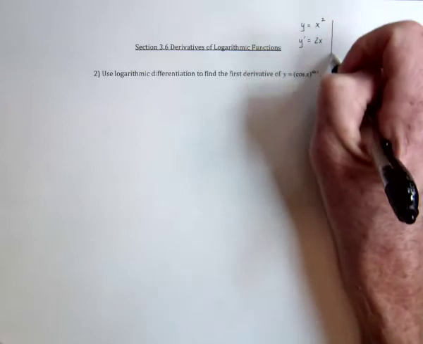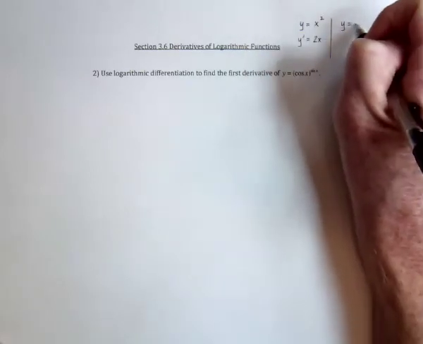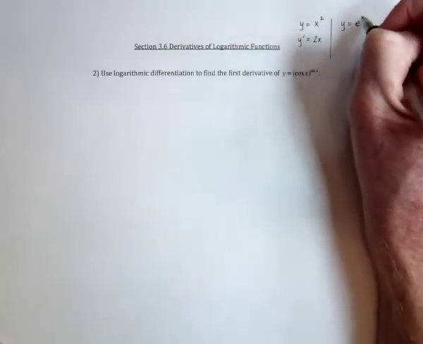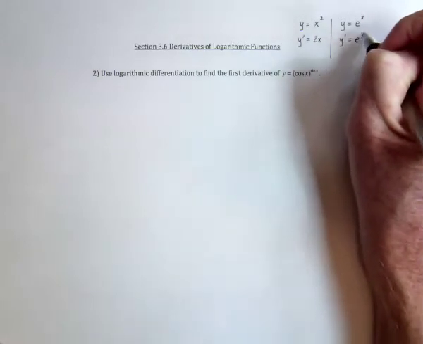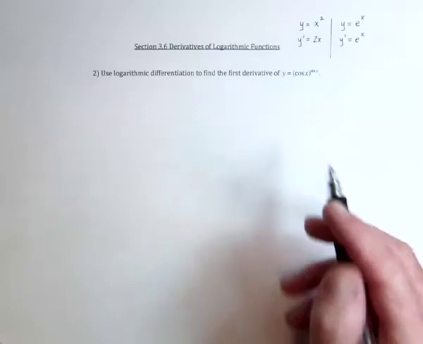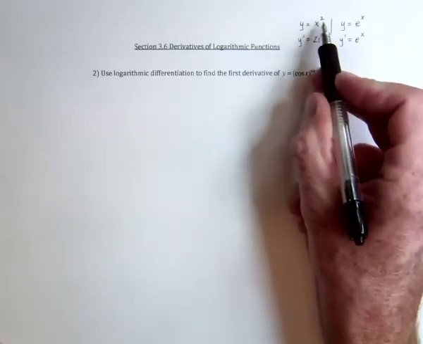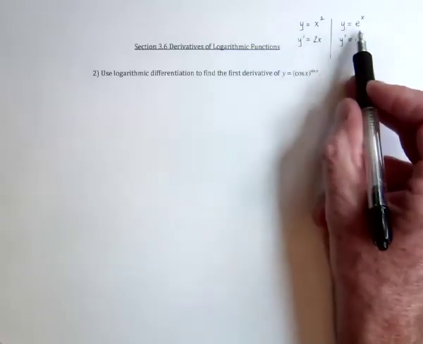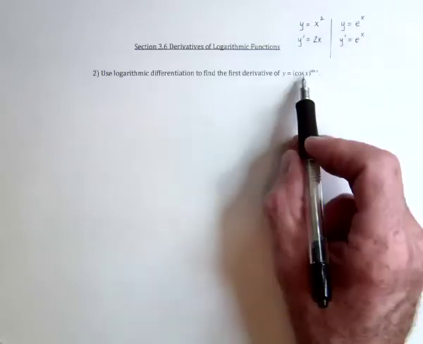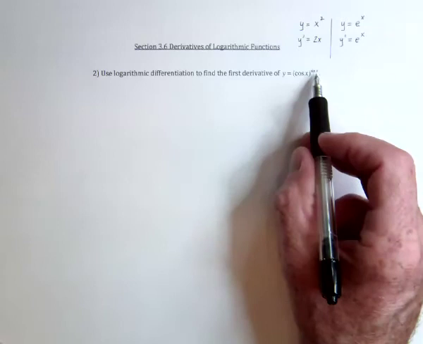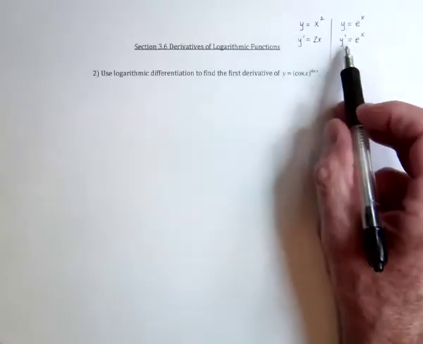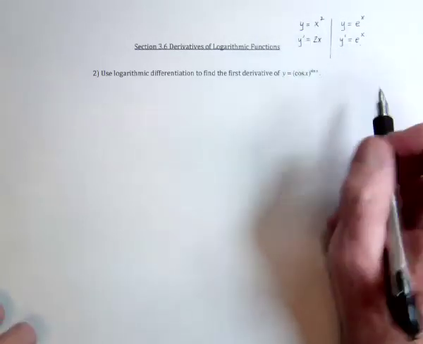If we have a constant raised to a variable, then we have ways of taking derivatives of those things. But somewhere in there, there's a constant, either the exponent or the base. What if the base is a variable and the exponent's a variable? Then neither of these methods are going to work. So we need to do something else.